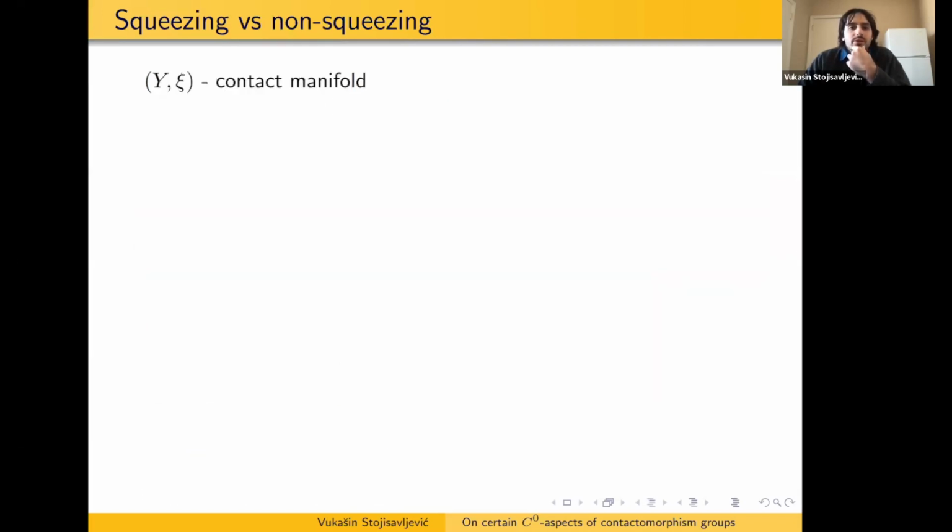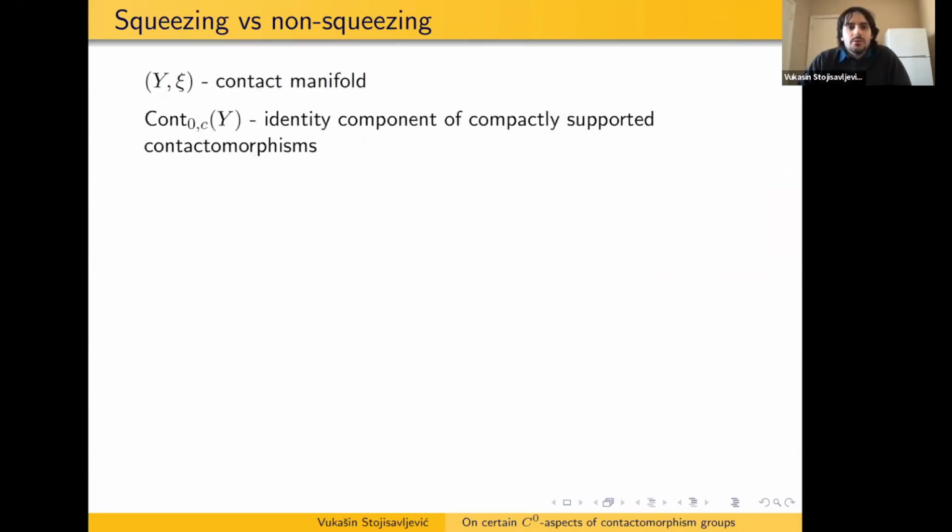So this is already a little bit less classical, but still well known. We fix a contact manifold and we look at contactomorphisms, but in the identity component. So we are only interested in contact isotopies starting from the identity. And then we ask whether an isotopy can squeeze one subset into another.